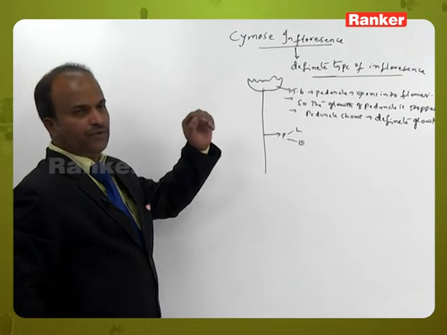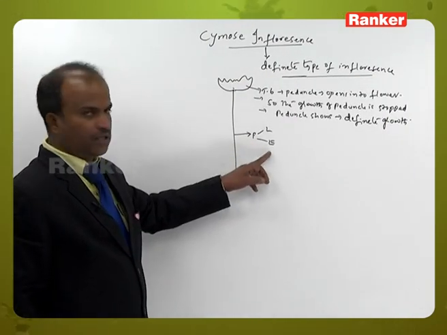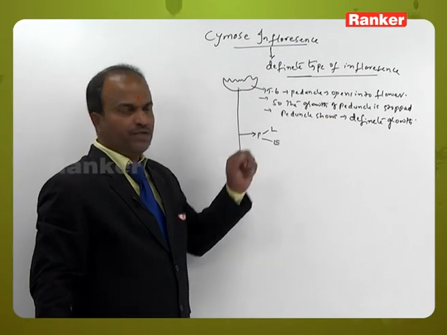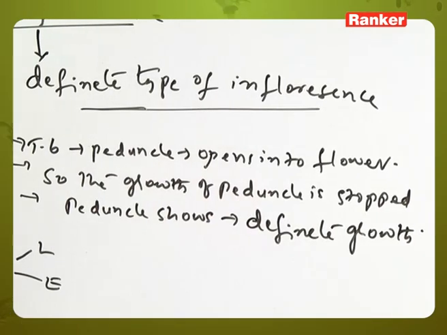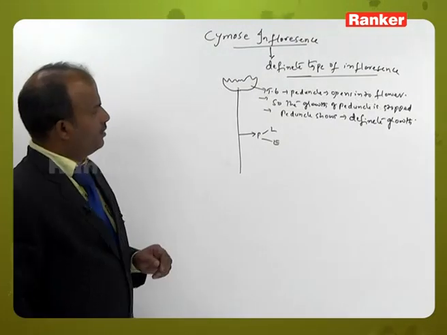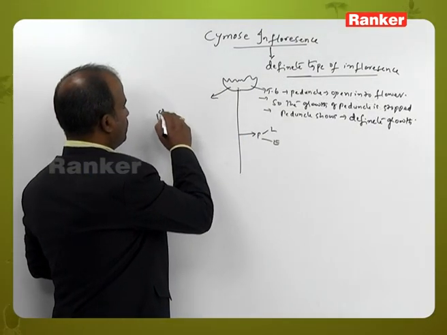In cymose inflorescence, also called a definite type of inflorescence, the peduncle is long and elongated, the terminal bud of the peduncle opens into a flower, so the growth of the peduncle is stopped. So the peduncle shows definite growth. And this is the first formed older flower.